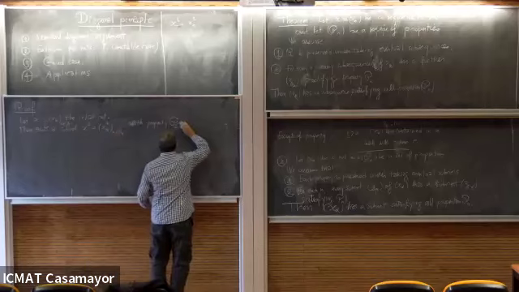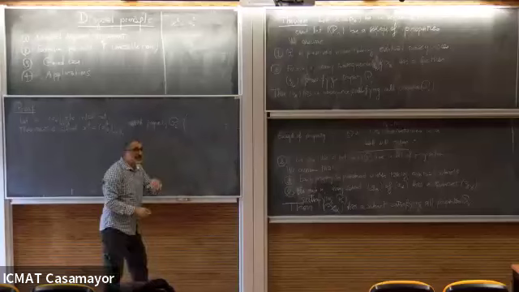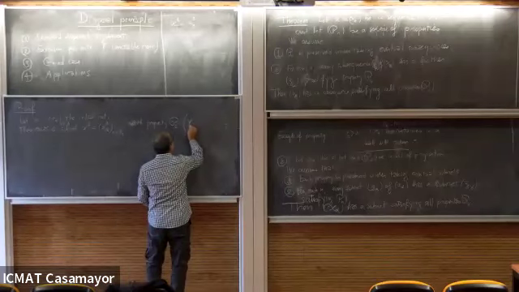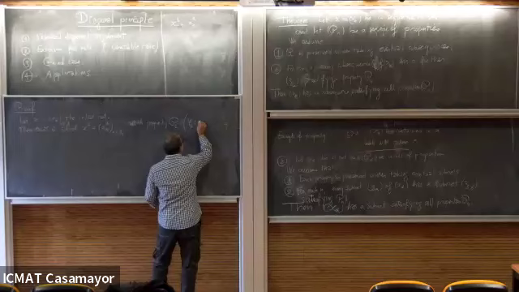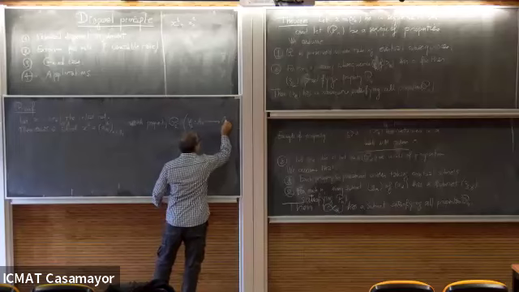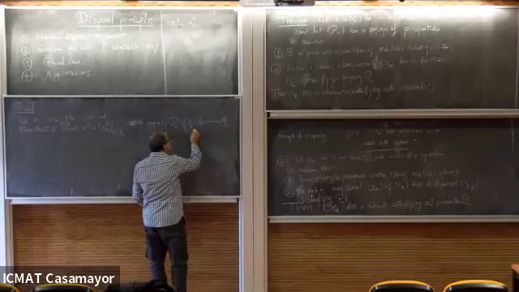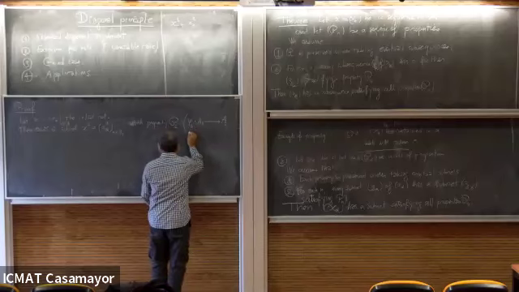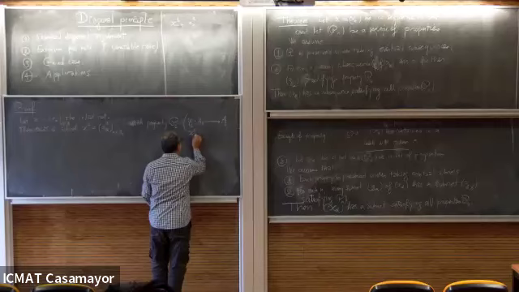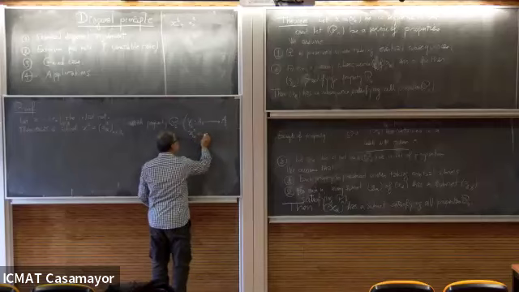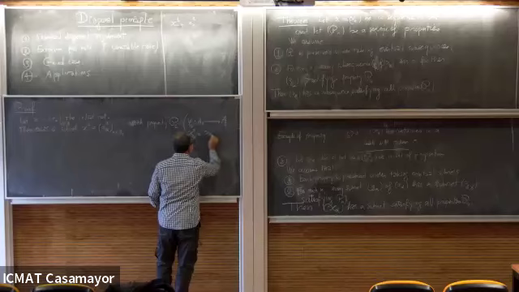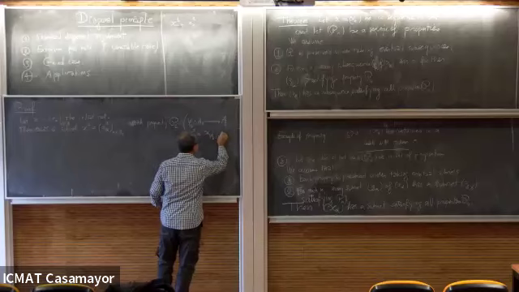Here we can write, so there exists some cofinal map phi 1 from A1 to A, such that X1 alpha is X phi 1 of alpha.